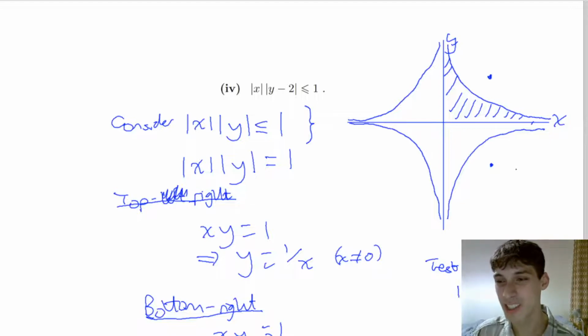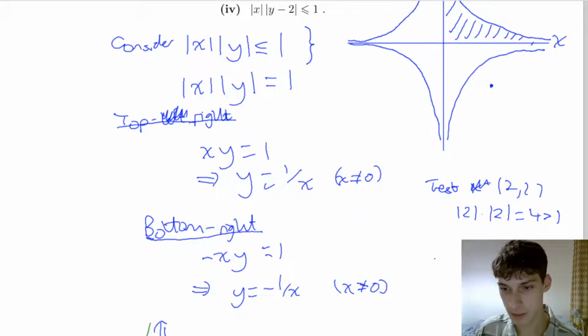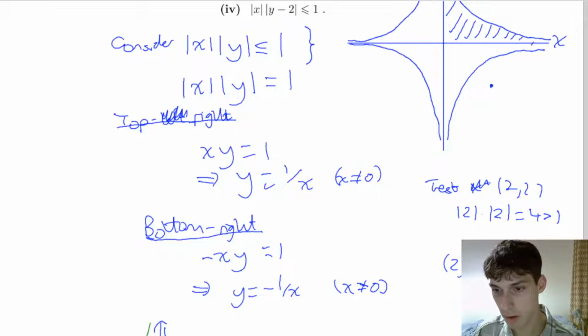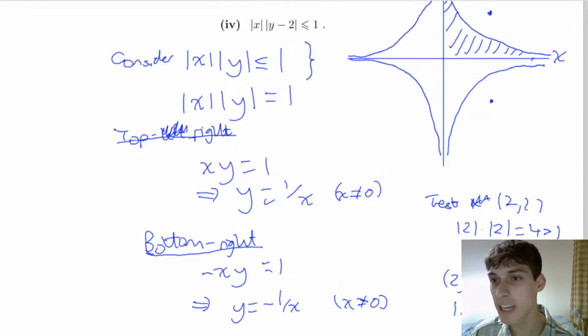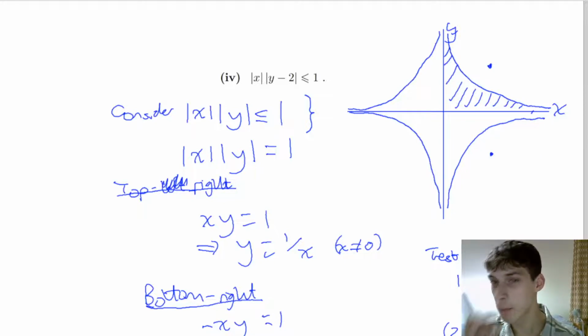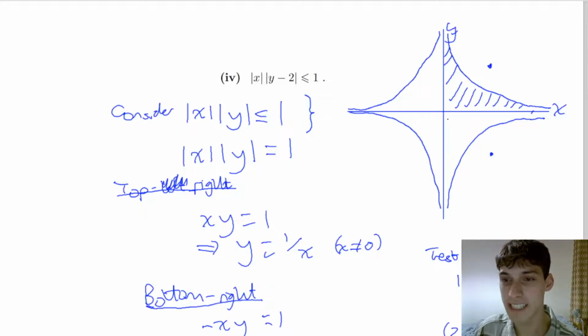Let's do 2, minus 2. We get the modulus of 2 times the modulus of minus 2 is equal to 4, which again is greater than 1. And you can see, if we're doing plus or minus 2, whatever we test, it's going to give us that it doesn't satisfy the inequality.